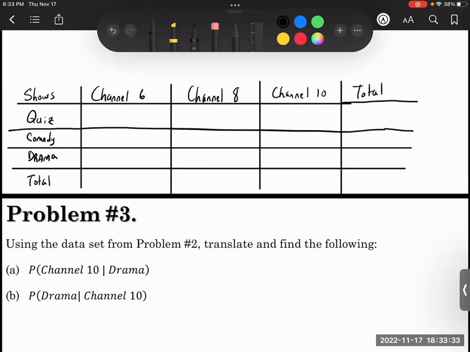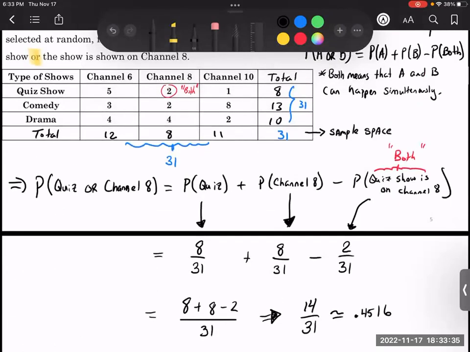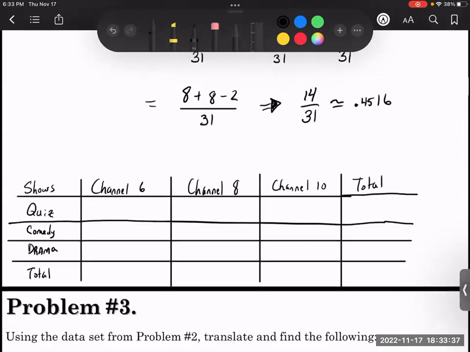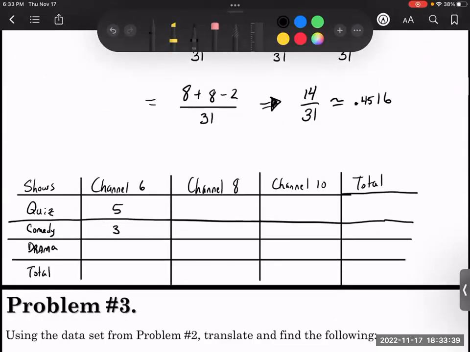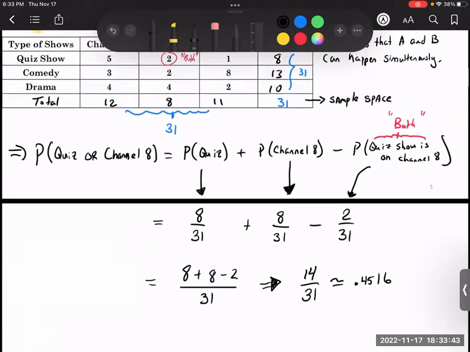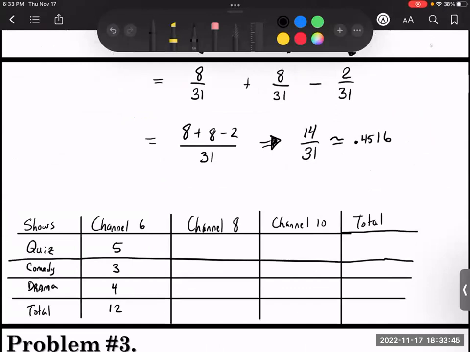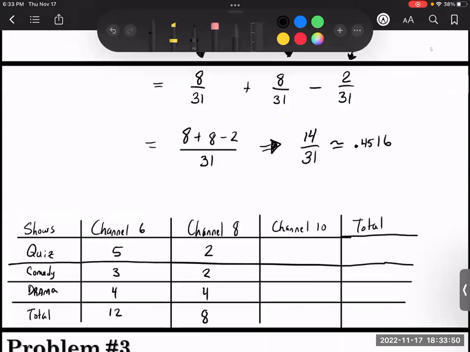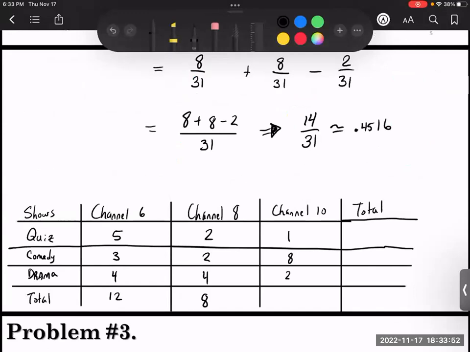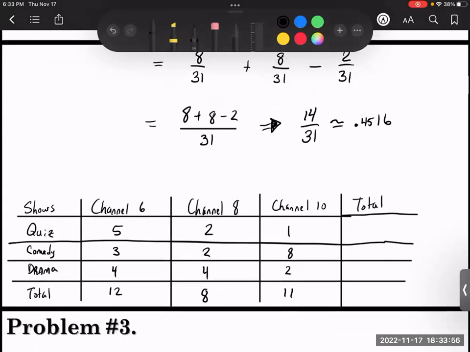For channel 6, going down that column, it was 5, 3, 4, 12. For channel 8, it was 2, 2, 4, and 8. For channel 10, it was 1, 8, 2, and 11. And our totals were 7 and 8. This was 13. This was 10, and this was 31.